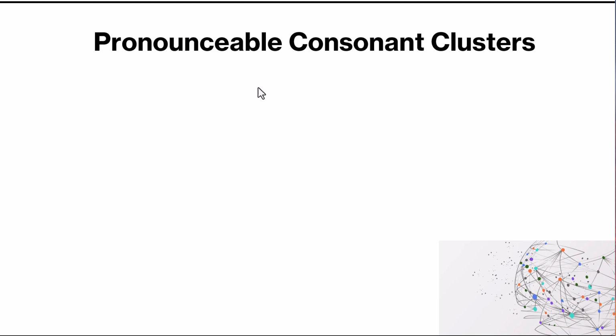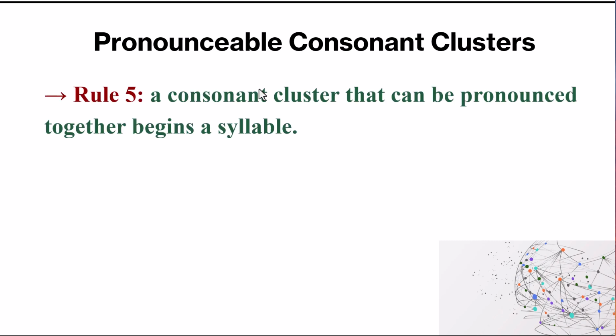Our next rule deals with consonant clusters that can be pronounced together. So Rule 5 says that a consonant cluster that can be pronounced together begins a syllable. This is very similar to Rule 2, which says that a single consonant begins a syllable. So a consonant cluster that can be pronounced together is acting like a single consonant.